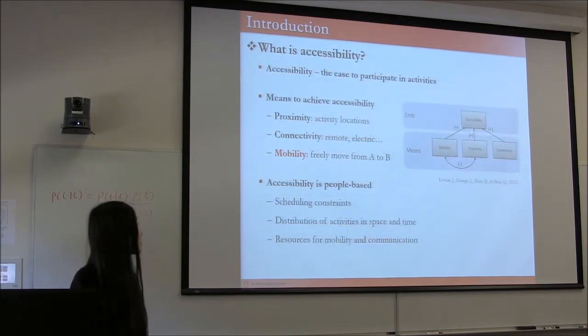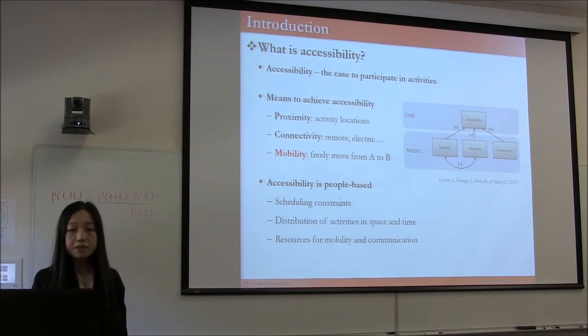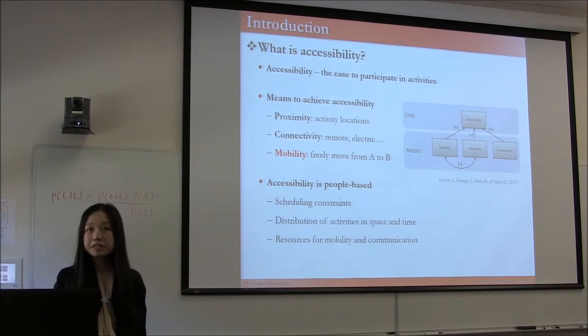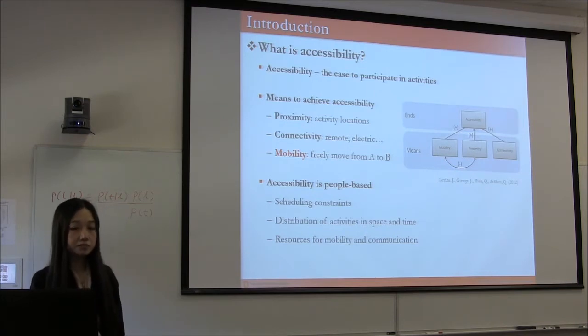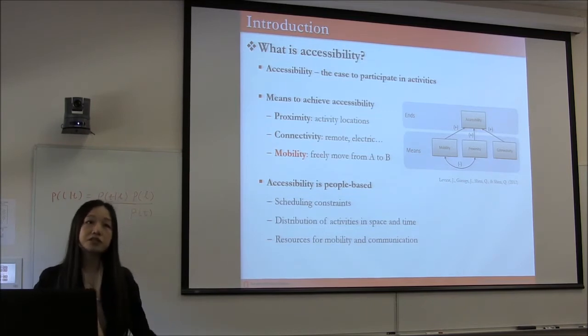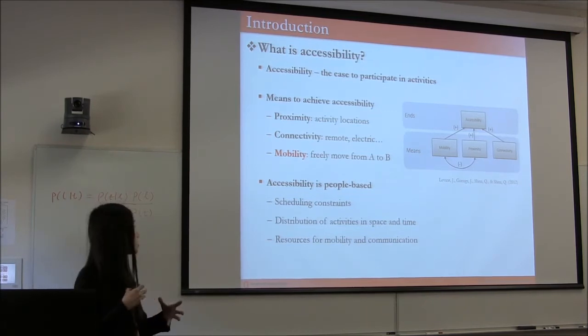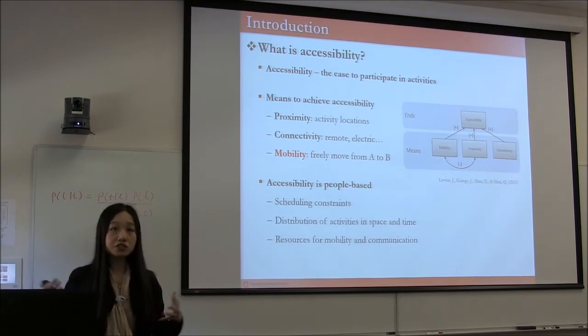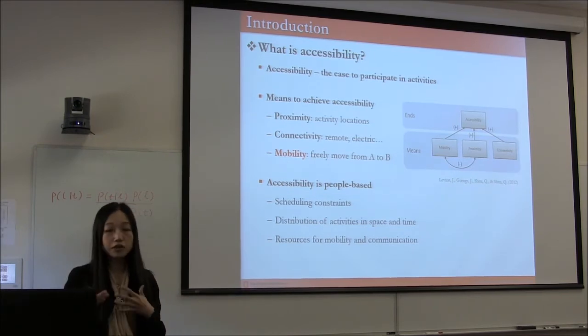So talking about accessibility, basically accessibility can be defined as the ease of participating in activities. There are three major ways to achieve accessibility. The first is to bring things together, which means if the activity locations are closer, people will need to travel less.